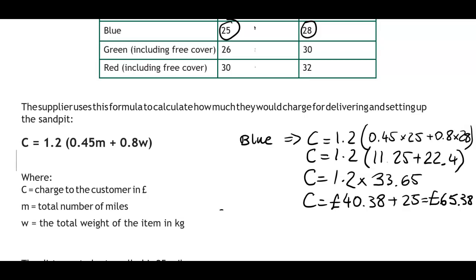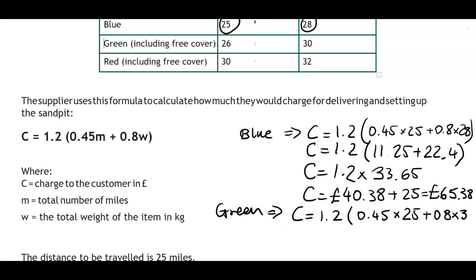Now we'll repeat the process for green. And that is 1.2 times 0.45 times the 25 miles, add 0.8 times the 30. So 0.45 times 25 is equal to 11.25, add the 0.8 times 30, which is 24.